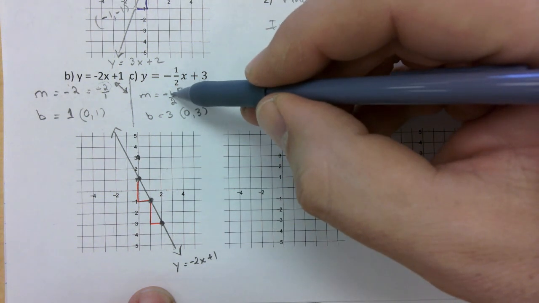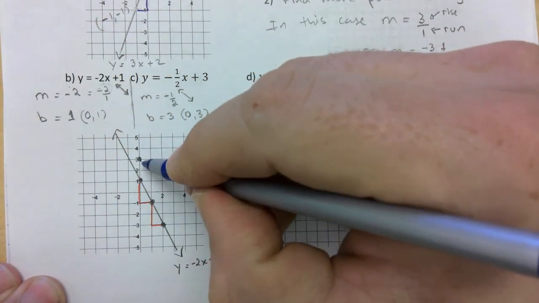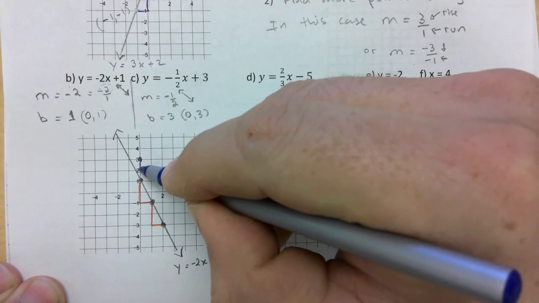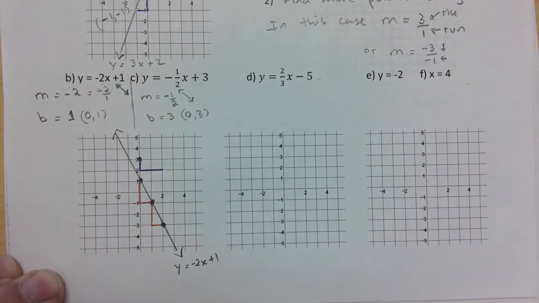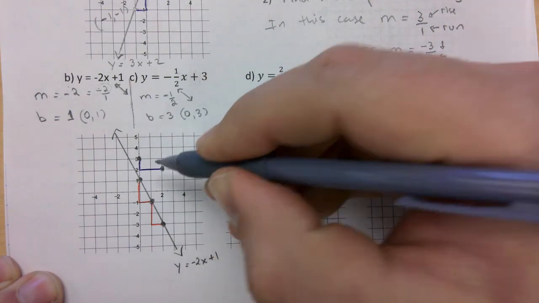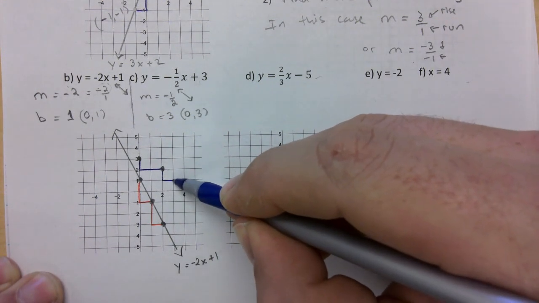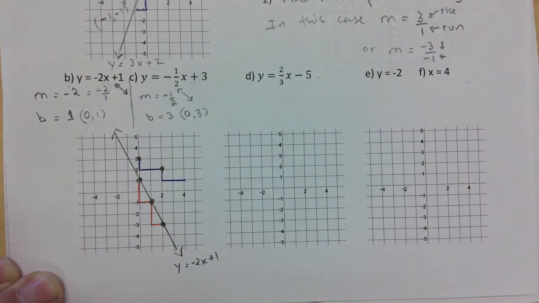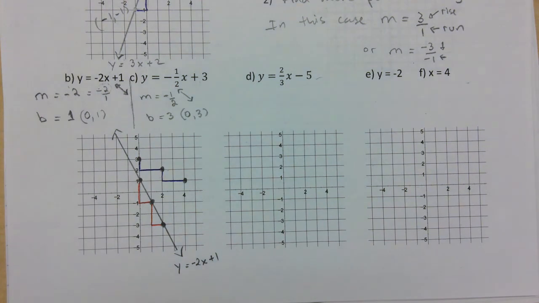And then I'm going to go dropping 1. I'm going to use a different color for that one. I'm going to drop 1 and run 2. Make a point there. And continue that one more time. Drop 1, run 2. You can tell that it won't be as steep as the other one.